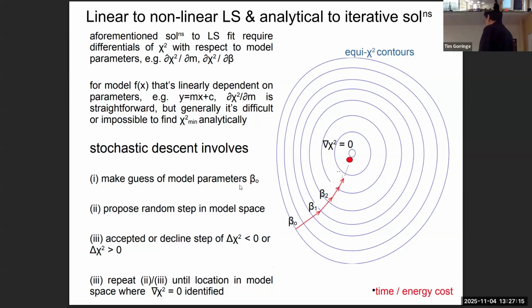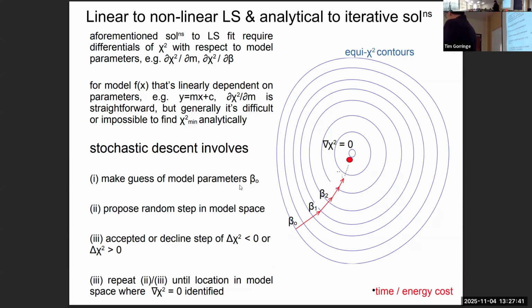I'll stay there. If the chi-square increased, then I'll reject that step. I'll go back. And remember, we did that in Markov chain Monte Carlo. We would step through the states of a ferromagnet or the states of a volume of gas. We would make a step in those microstates. Here I'm making a step in chi-squared.